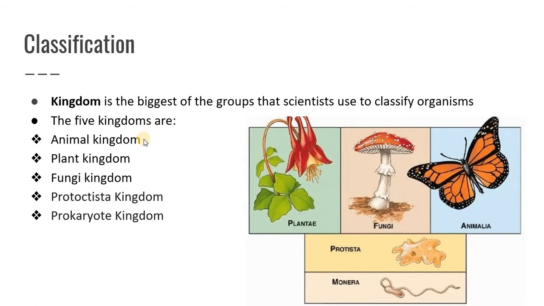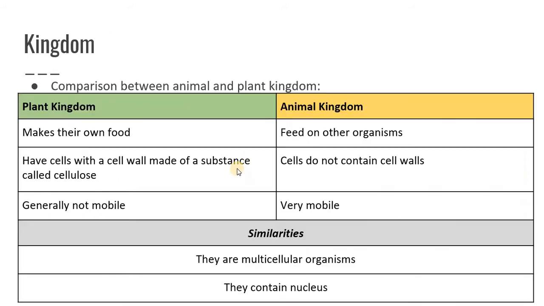And so far we have only learned on animal kingdom and plant kingdom. So what are the differences between the animal and plant kingdom? Organisms in the plant kingdom make their own food. They have cells with a cell wall that's made of a substance called cellulose.